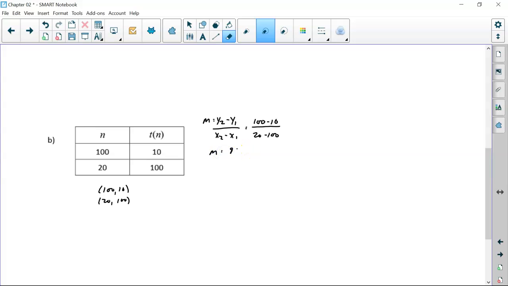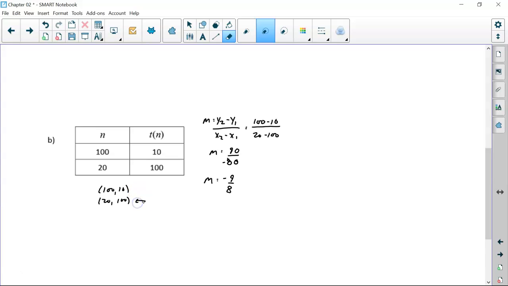So it's going to be 90 over 70. Oh, excuse me, 90 over 80. Oh, it's a negative 80. So that's going to reduce to negative 9 over 8. So our slope is a fraction. That's okay.